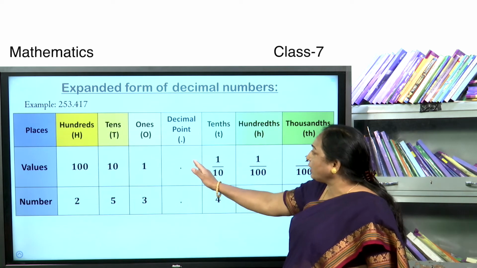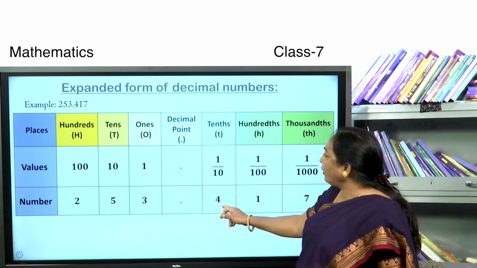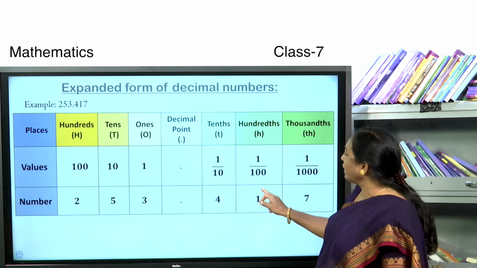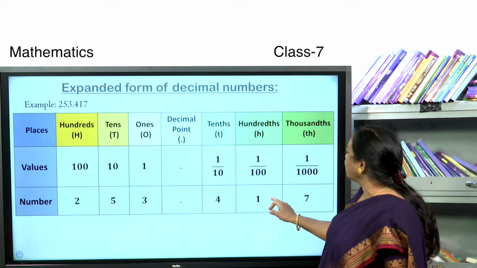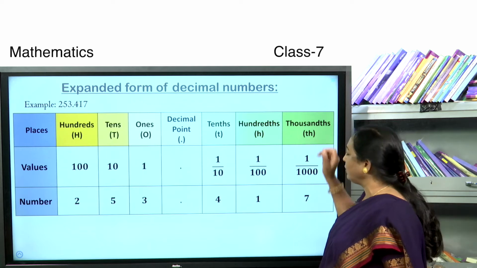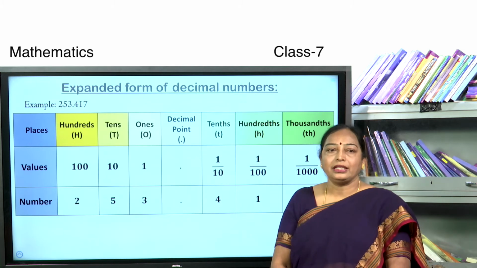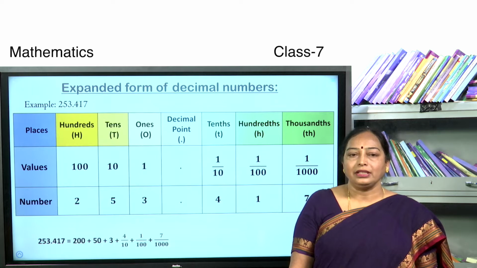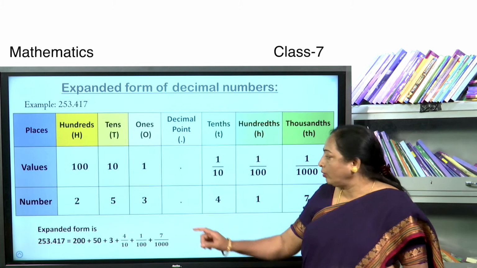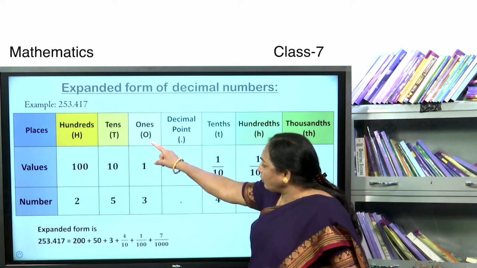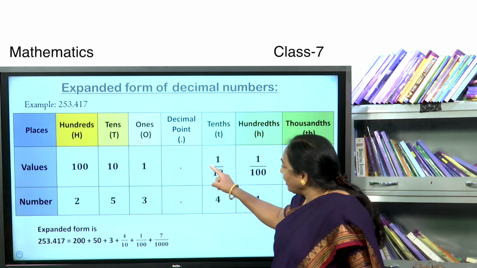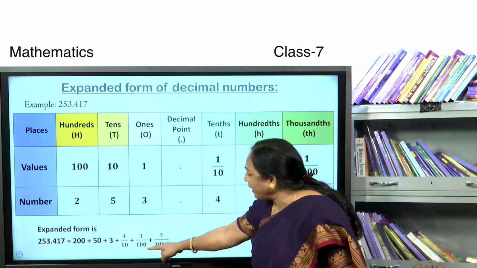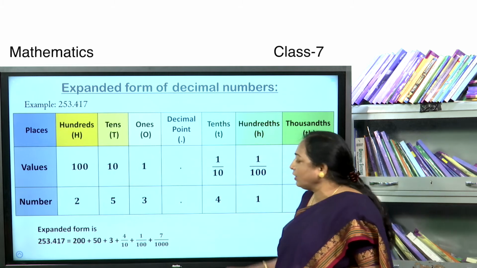To the right of the decimal point, 4 is at 10th place, 1 is at 100th place, 7 is at 1000th place. Then the expanded form of 253.417 is 200 plus 50 plus 3 plus 4/10 plus 1/100 plus 7/1000.